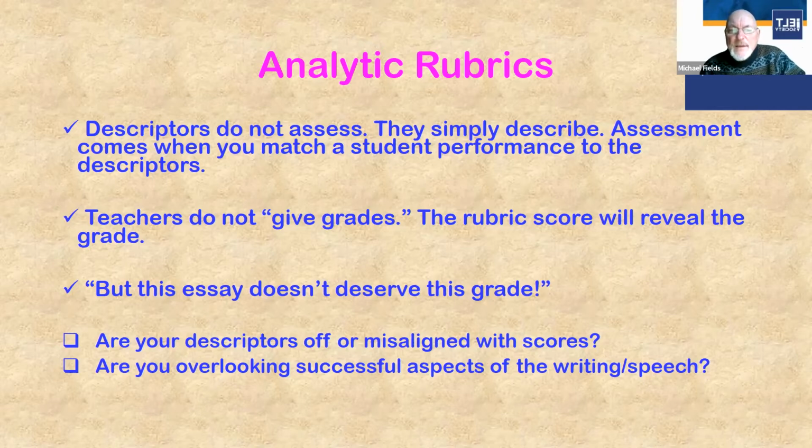And that is that a lot of teachers tend to look at the weakest points of the essay. Again, it could be a speaking performance too, but let's just talk about an essay here. So if I'm the grammarian and I see a lot of bad grammar in an essay and I want to fail that, oh, this is terrible, there's all this bad grammar, right? But what about the content?